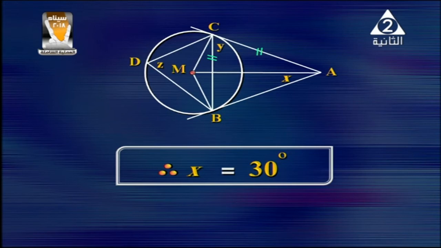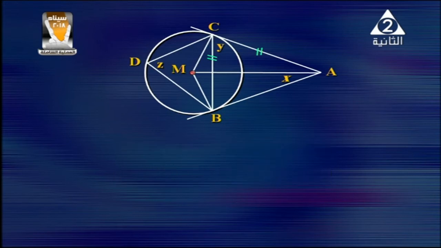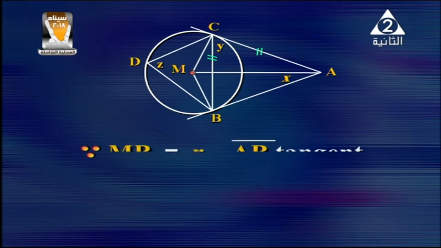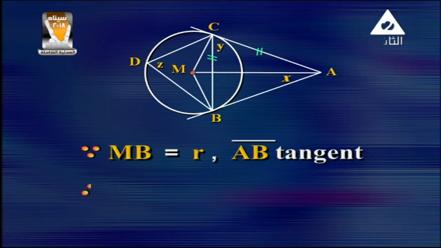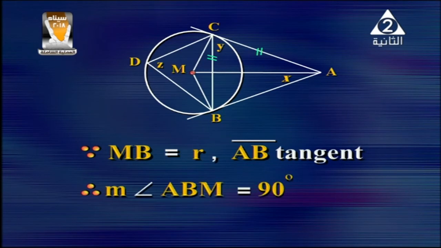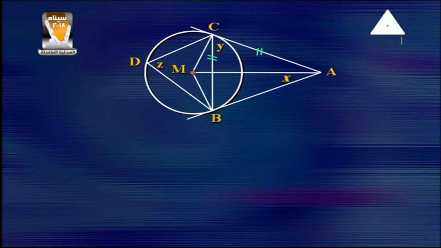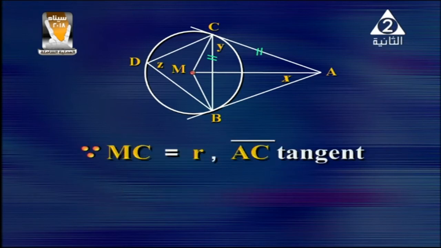Then, what about MB? MB is a radius. What about AB? AB is a tangent. So you are going to notice that measure angle ABM equals 90 degrees. Similarly, by the same way, what about MC? MC is a radius. What about AC? AC is a tangent.